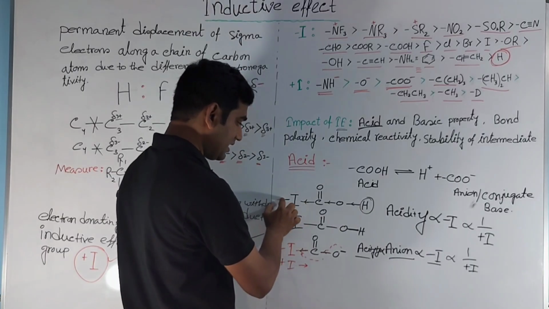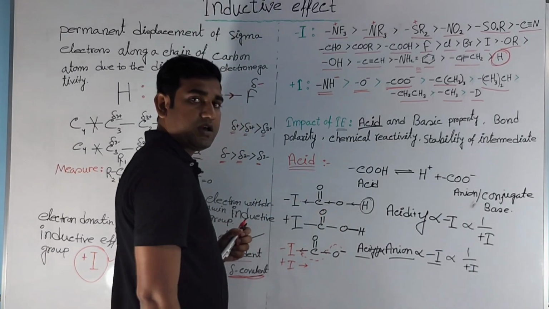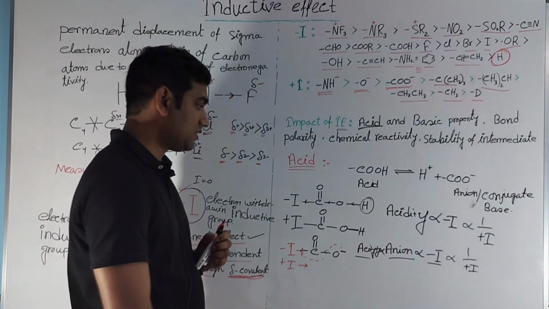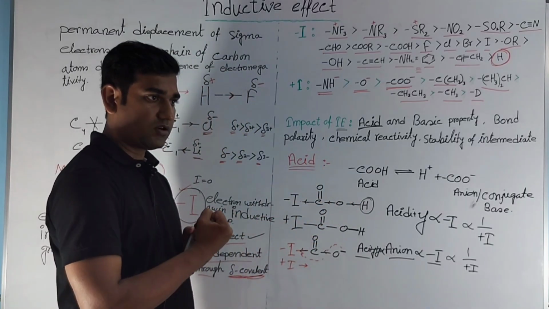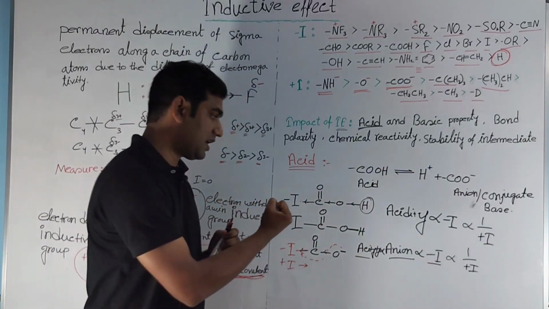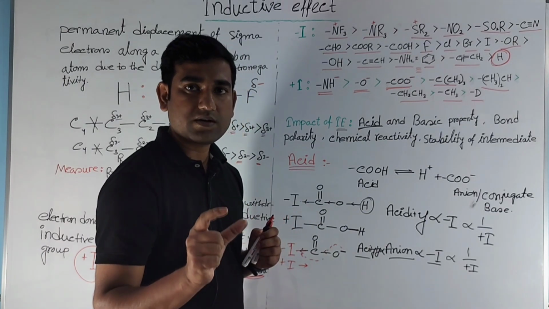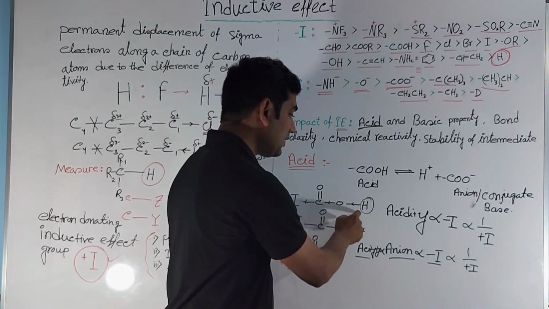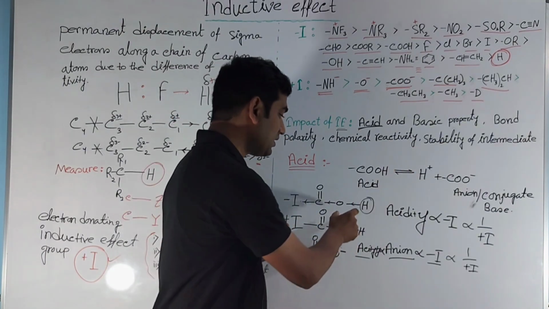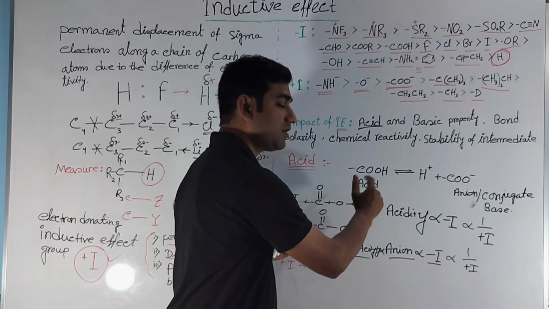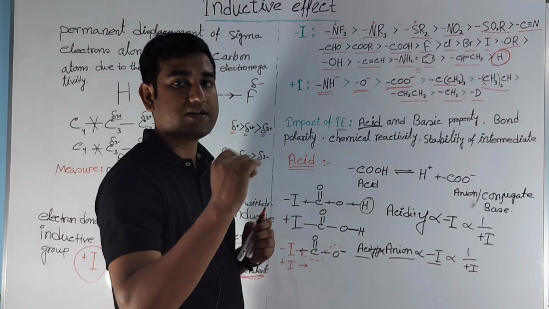सपोज एनी माइनस आई ग्रुप प्रेजेंट इन ए एसिड, कार्बोक्सिलिक एसिड, it pulls the electron from the acid group and the OH bond becomes weaker. So it can easily release the proton, and its acidity will increase.